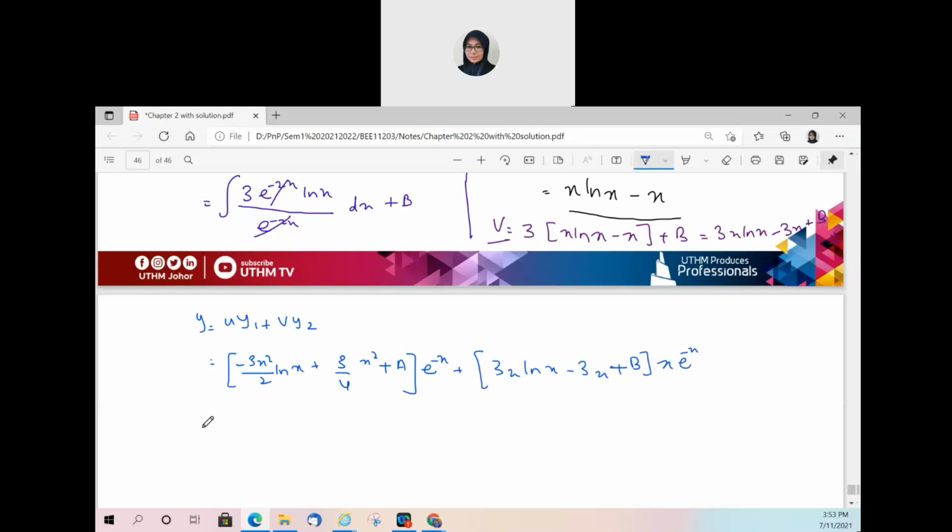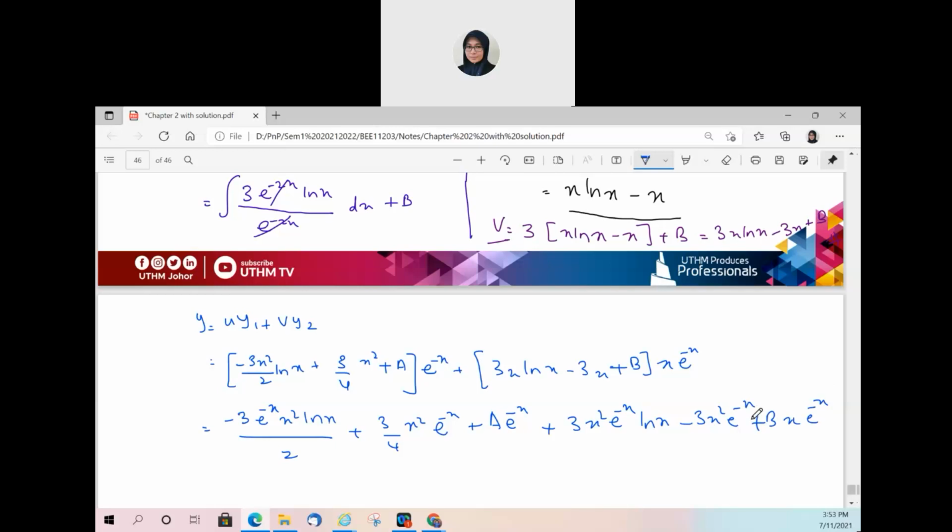Okay. Then expand whatever can be expanded. Minus 3 e^(-x) x squared ln x over 2, plus 3 over 4 x squared e^(-x), plus a e^(-x), plus 3x squared e^(-x) ln x minus 3x squared e^(-x) plus bx e^(-x).